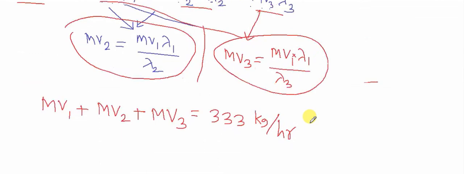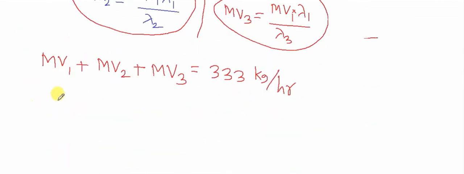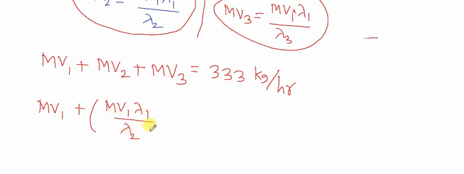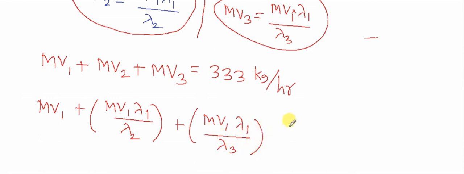So now I substitute the above values. So I will get here mV1 plus mV2 is equal to what? mV1 into lambda 1 divided by lambda 2 plus mV1 lambda 1 divided by lambda 3. And this is equal to 333 kg per hour.